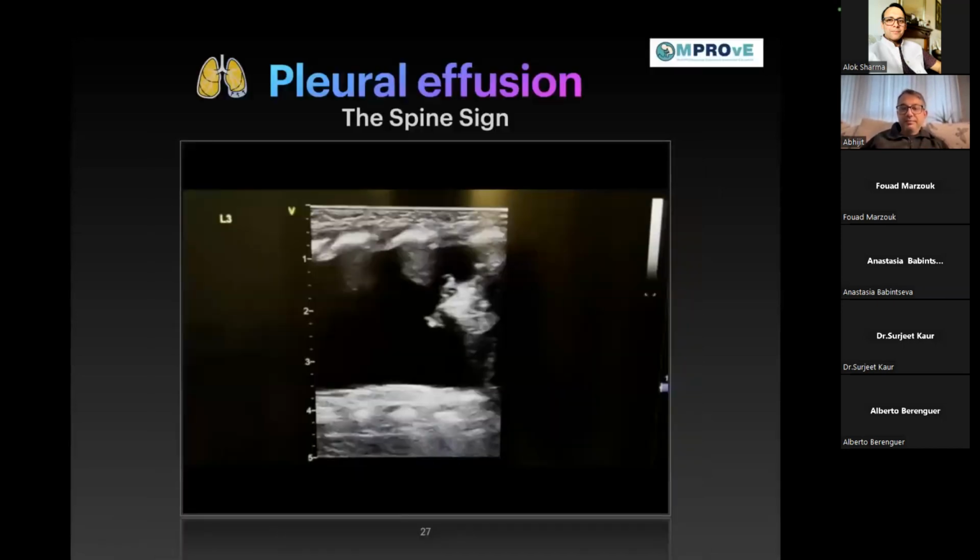The spine sign. Please. If we have a lung collapse because of a chylothorax and it's not because of infection, this means that we're going to find consolidated lung, collapsed lung, which means static air bronchograms and no Doppler, or the Doppler would be negative, if it's a chylous pleural effusion, not infective pleural effusion.